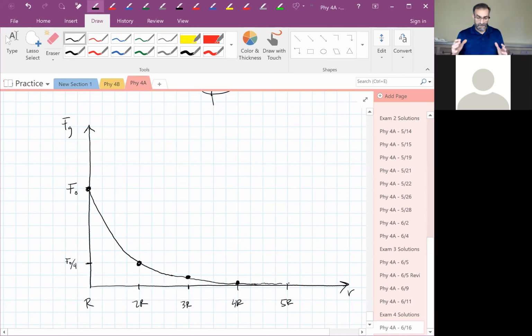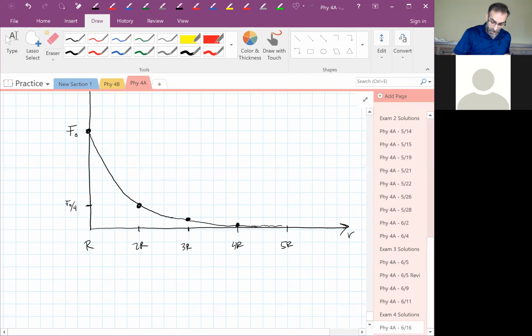Now, what matters is the delta F, the force difference between one side of the Earth and the other. Even though the sun is exerting a really big force on us, the sun is far away, right?